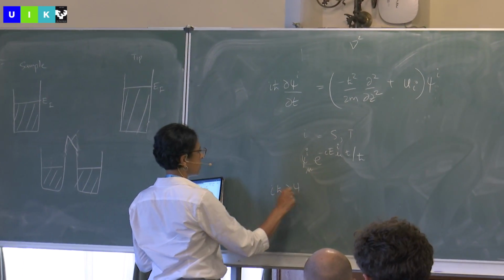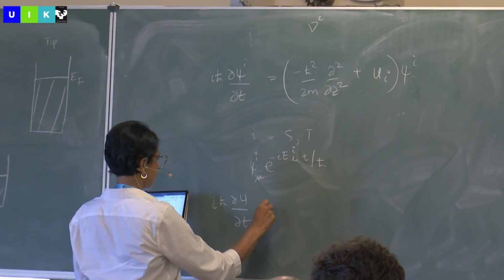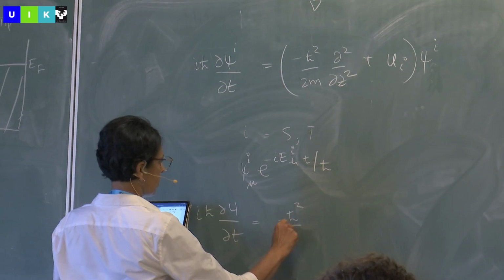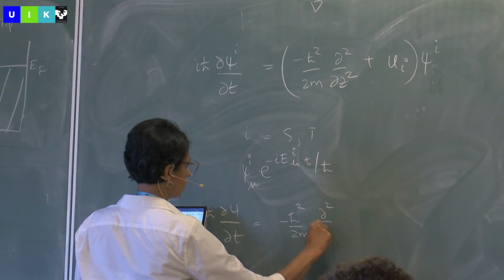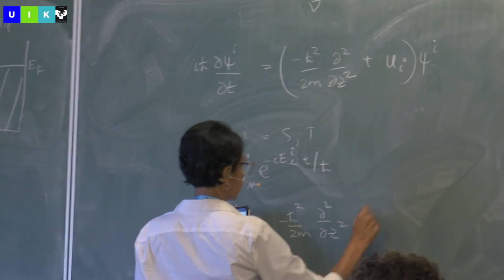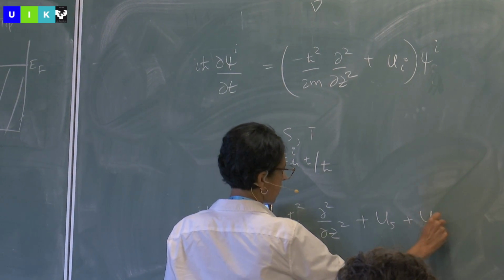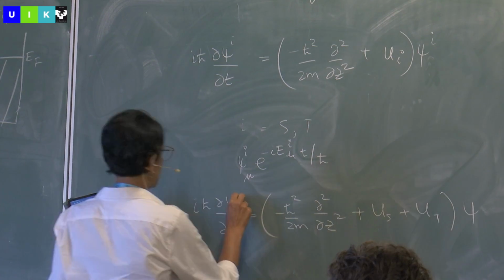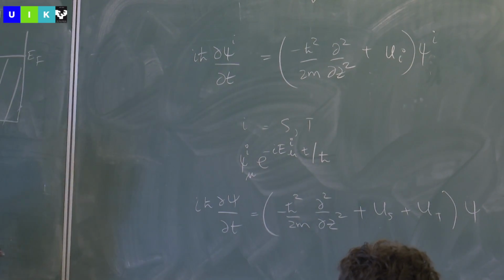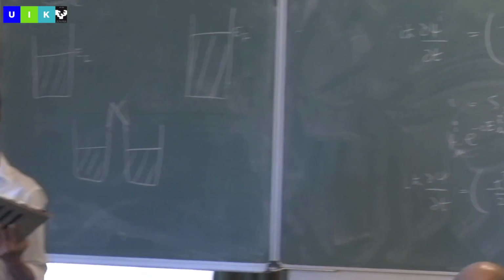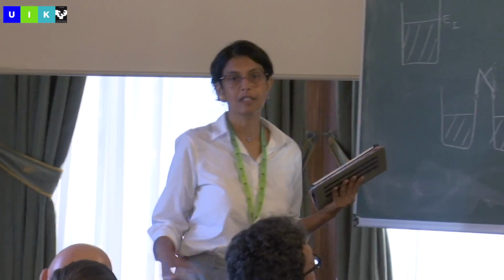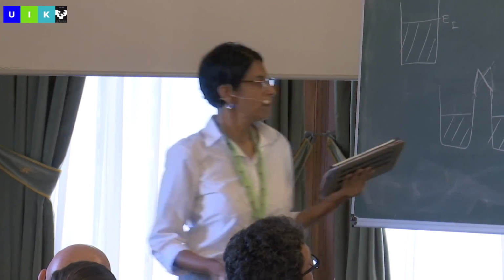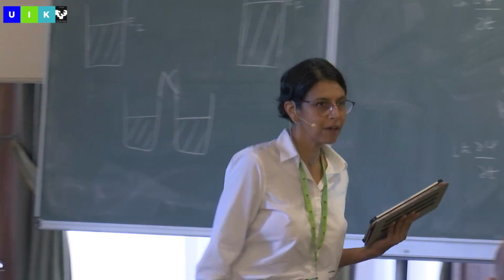So now we have this new Hamiltonian. Right? And now in theory, it would be nice if we could simply solve for the wave functions, and then we would know everything. But of course, in practice, that's not possible.